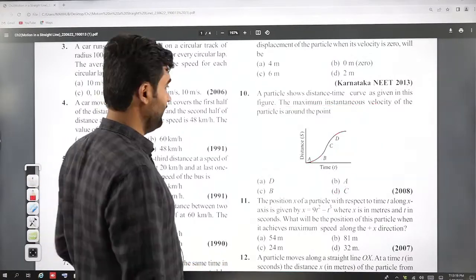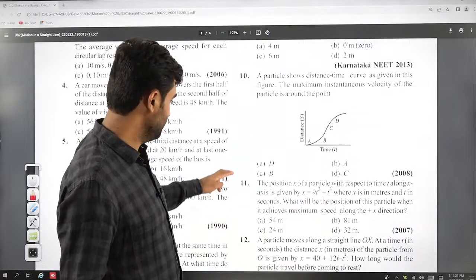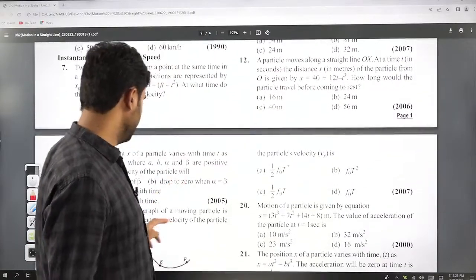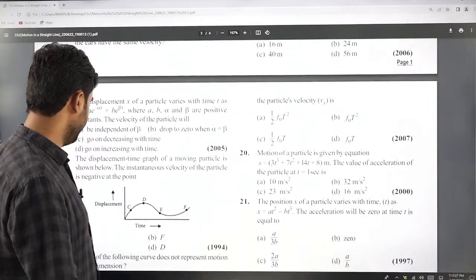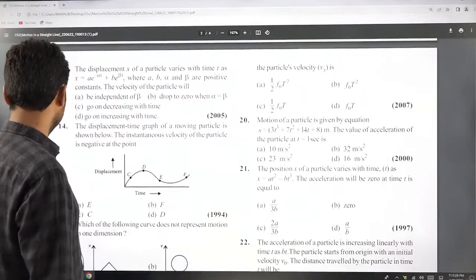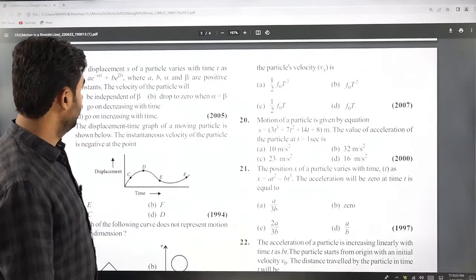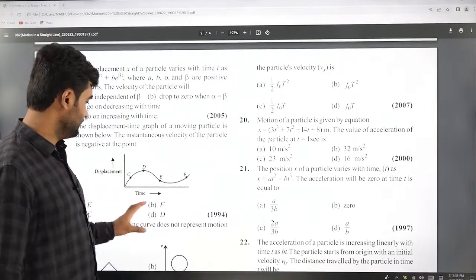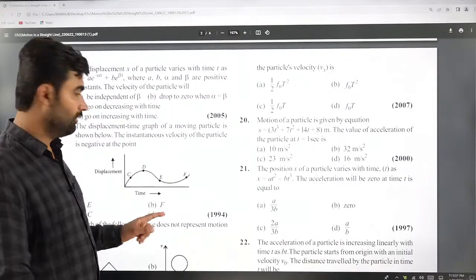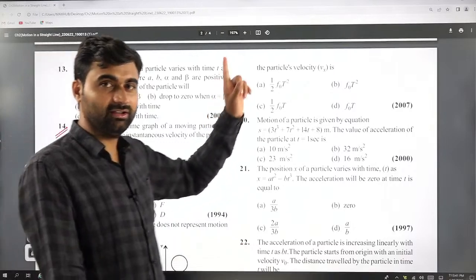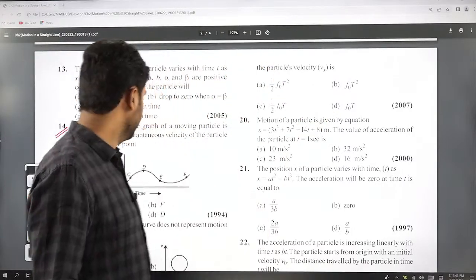Next question we will see. Any other question that came in the NEET exam, we will discuss all those questions. Only graphical, again this question came, okay. Question number 14. So you can see in this graph a displacement time graph is given, earlier distance, now displacement, okay.